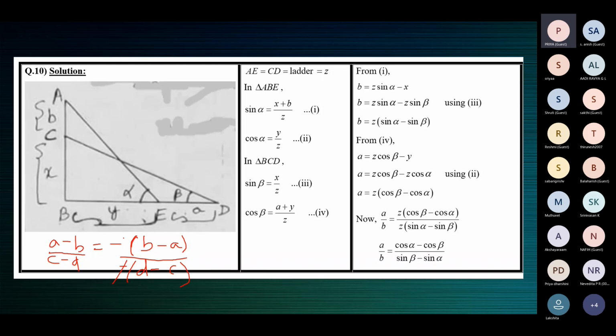The minus and minus will get cancelled. So you can write A minus B by C minus D as B minus A by D minus C. Now you understand? Yes, ma'am, clear, ma'am.